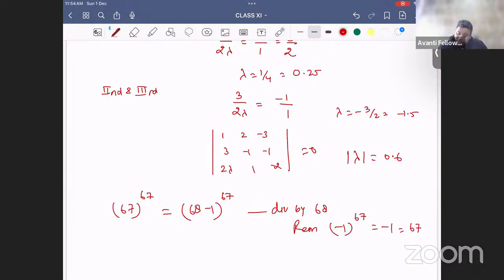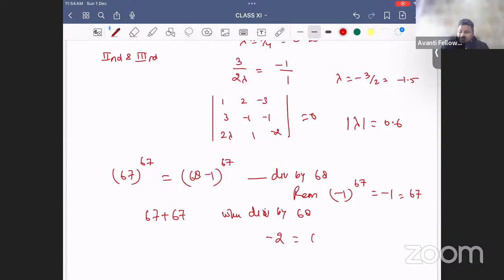Got it? Now, 67 plus 67 when divided by 68, remainder will be minus 2, that is equivalent to 66. All right.